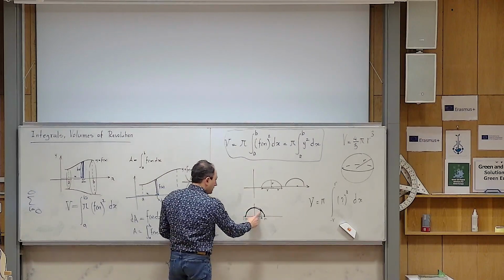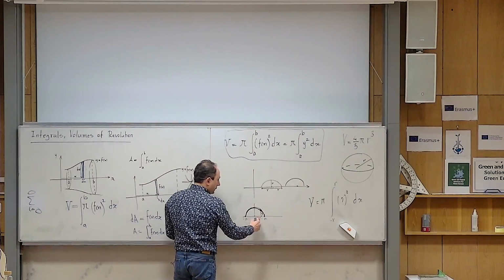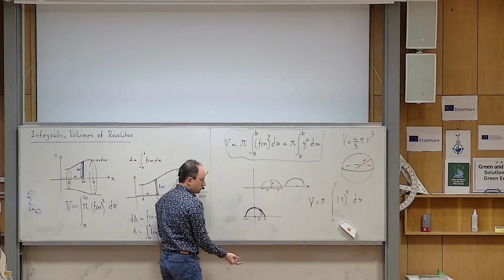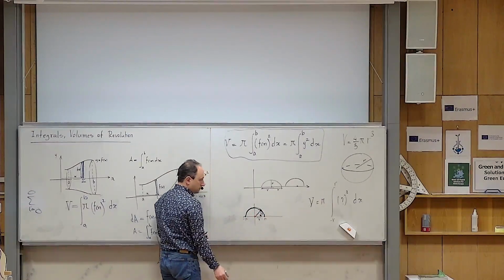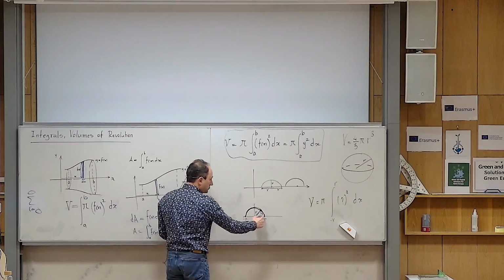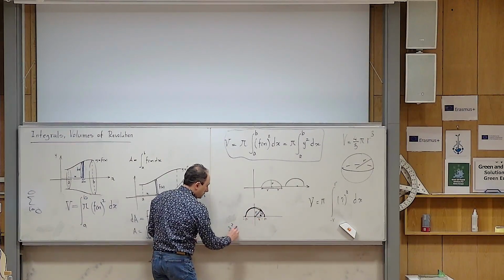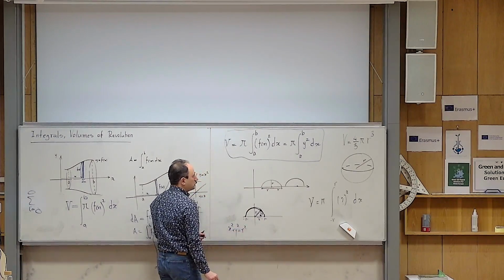So I call this y, I call this length x, and I connect this, and this becomes the Pythagoras rule, yes? This radius is still r, and then x squared plus y squared is r squared.